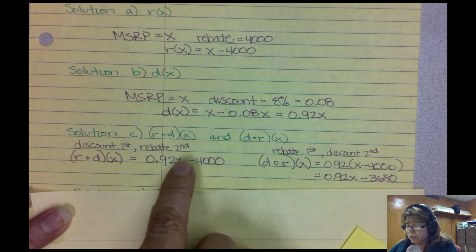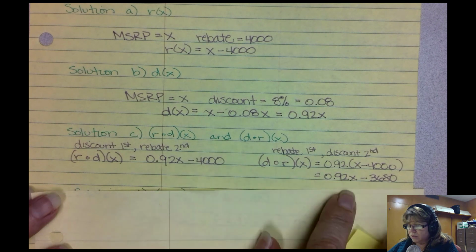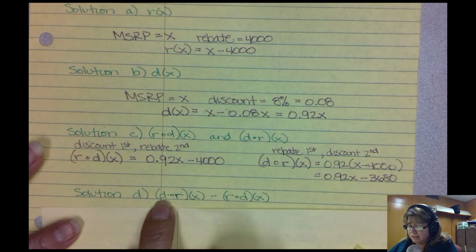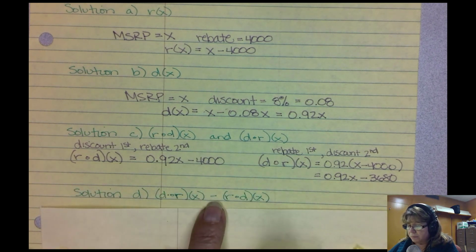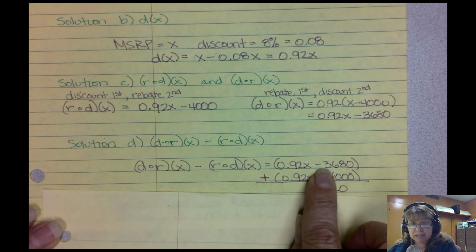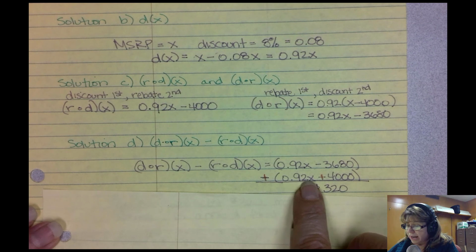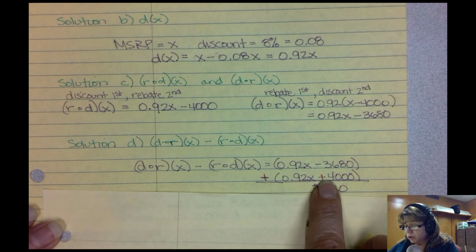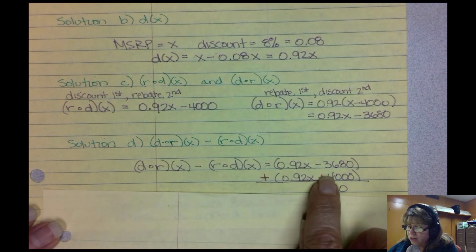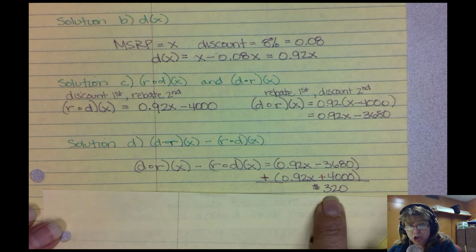Now the last part was, let's subtract these two values. Let's subtract D of R subtracted by R of D, and we get 0.92X minus 3,680 minus 0.92X, which will ultimately be, we have minus 4,000, but when you distribute, that becomes plus. You get a total of $320.